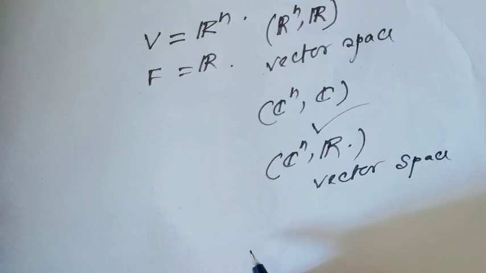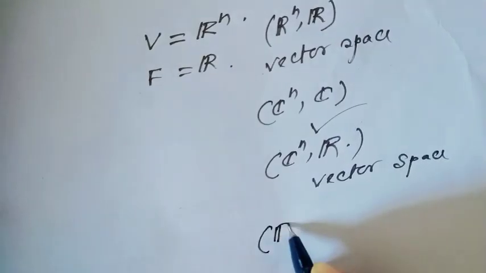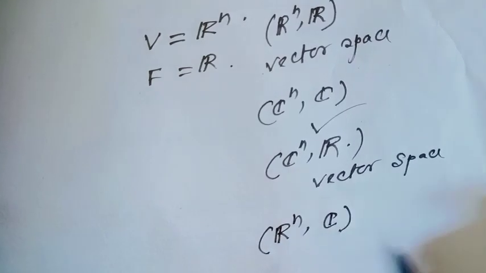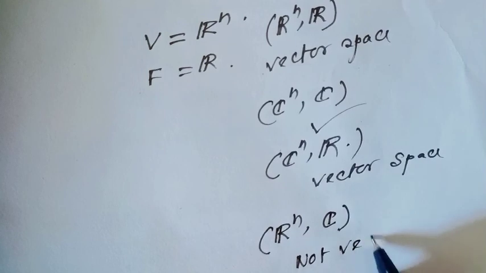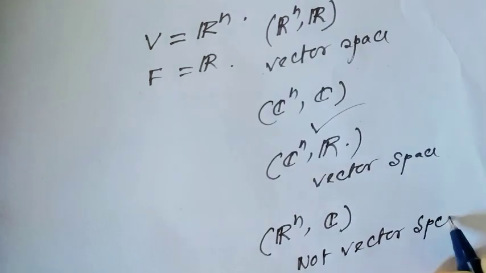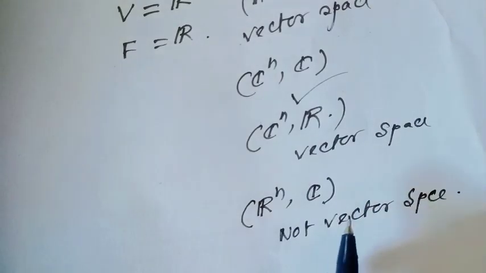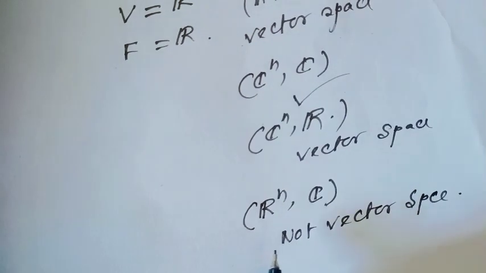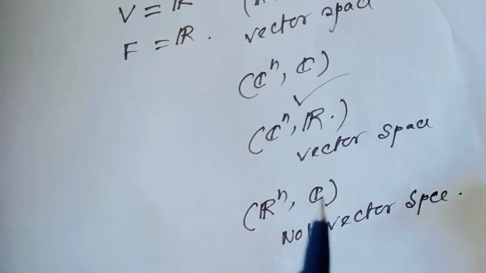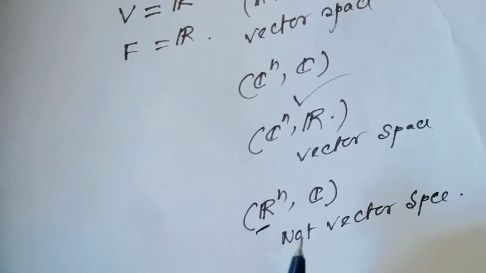But if we consider Rn over the field of complex numbers, this is not a vector space, because if you take any arbitrary vector from Rn and multiply it with a scalar, that means a complex number, then the result does not belong to Rn. It is a member of the complex numbers. So this is not a vector space.